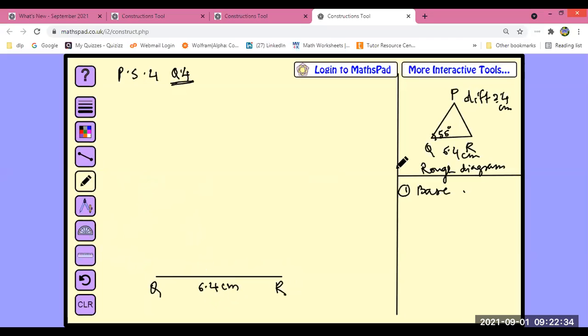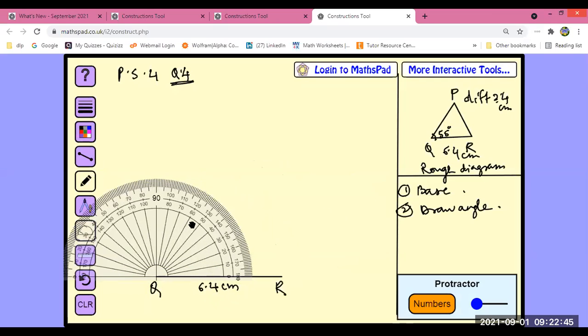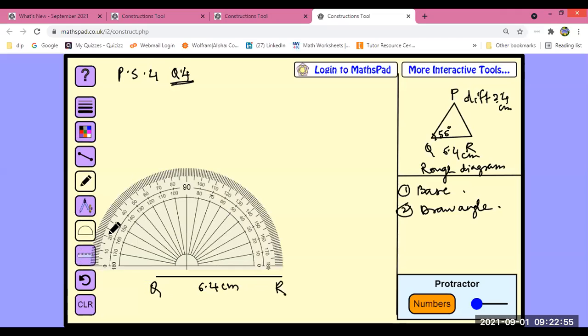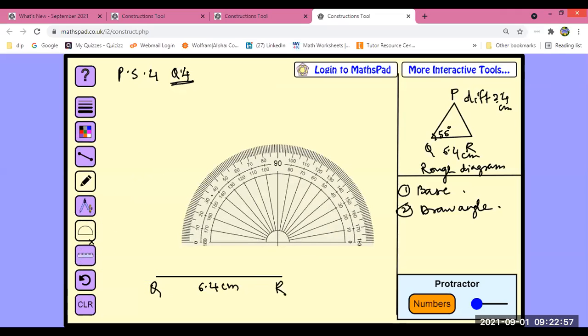Now, second step, draw the angle. Angle that is 55 degrees. So with the help of protractor, we place it on point Q and draw 55 degrees. So mark 55 degrees over here like this. Now join point Q to that point and extend.